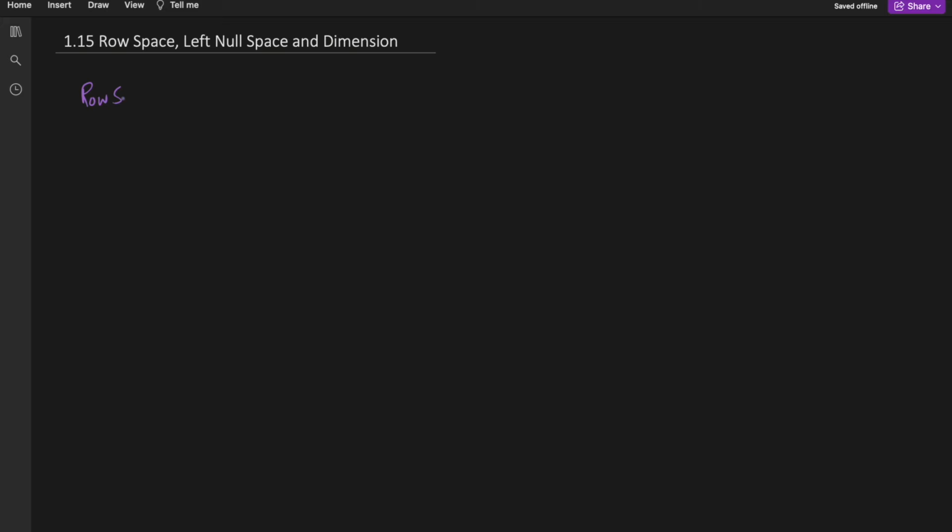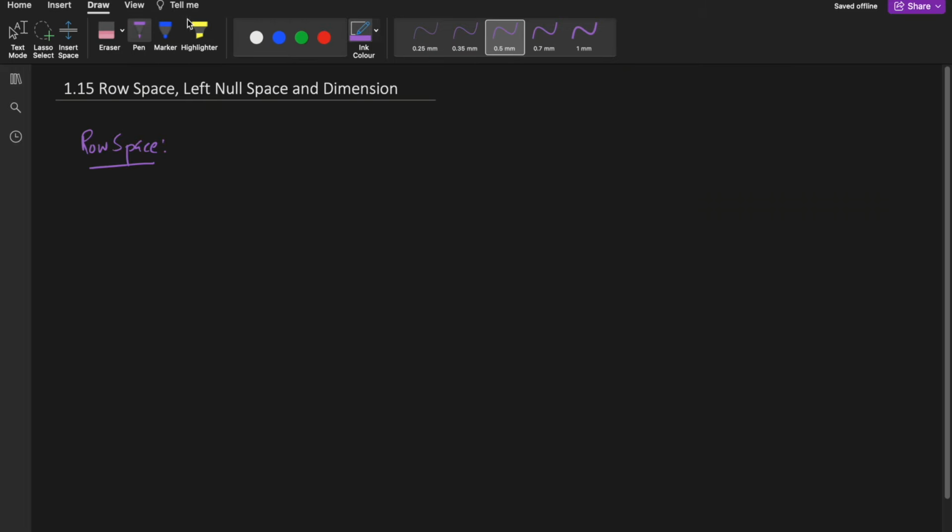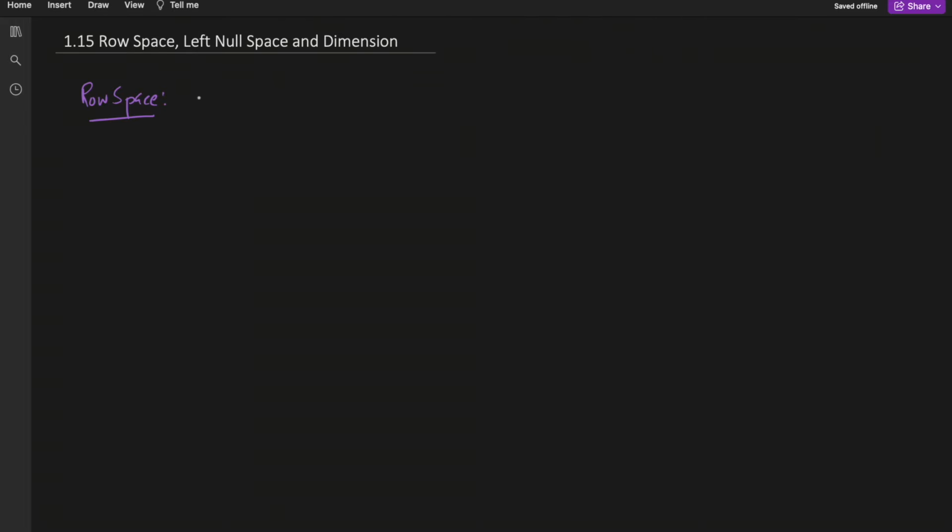Row space is nothing but the column space of matrix A transpose.